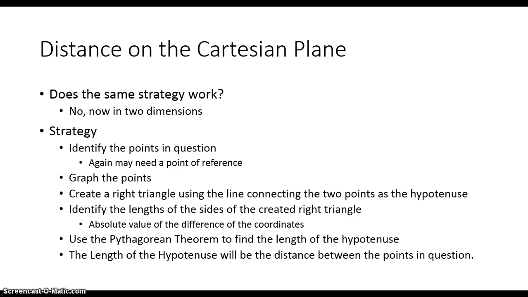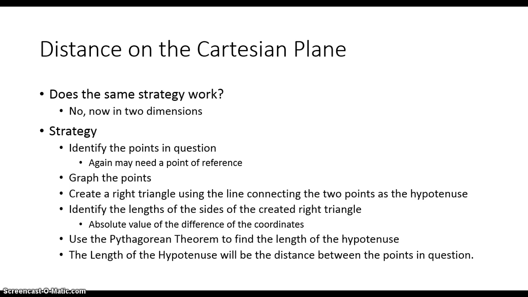Let's move on now to the Cartesian plane. Now you may wonder, does the same strategy work for the Cartesian plane as it did in the number line? No, it doesn't, because we now have 2 dimensions to worry about. Not just an x, but also a y now. So here's the following strategy that you should use to be successful in solving these problems.